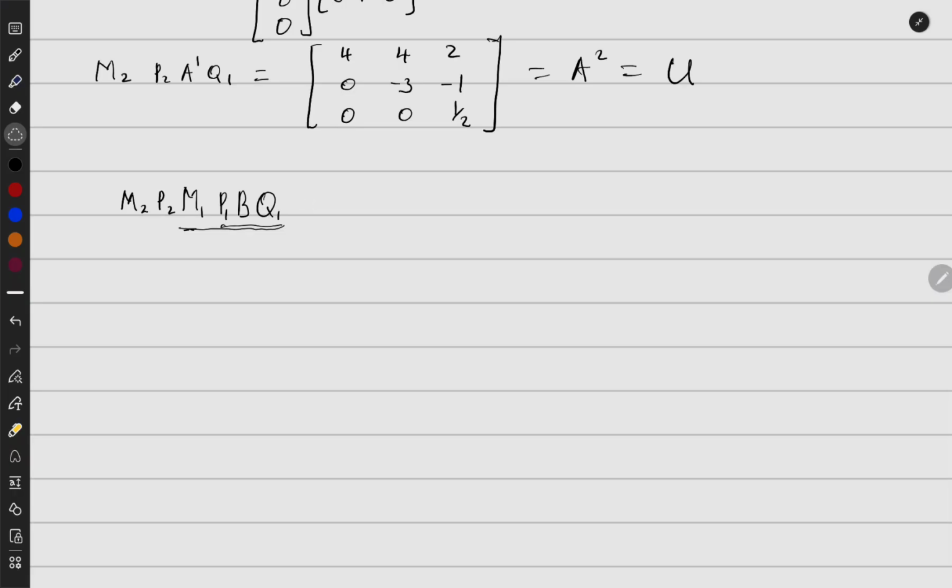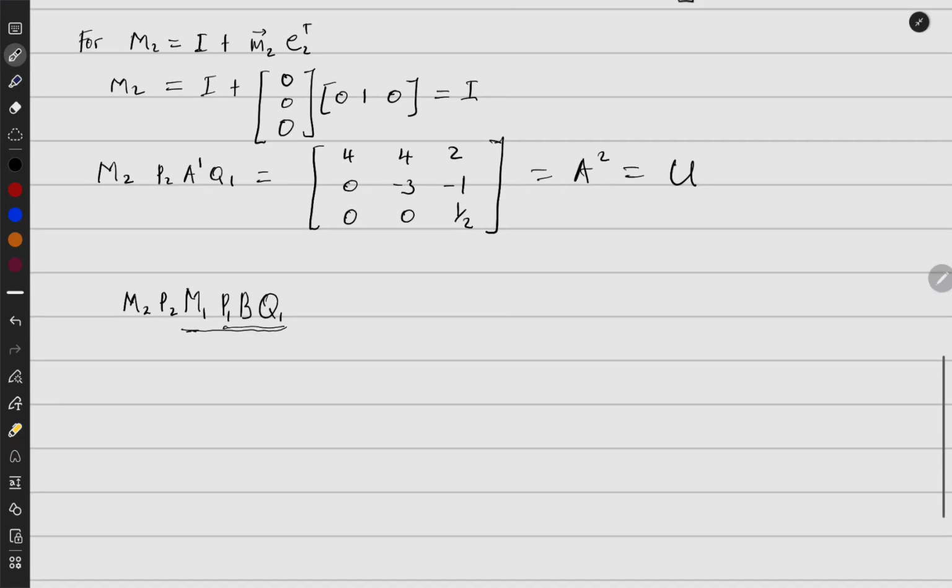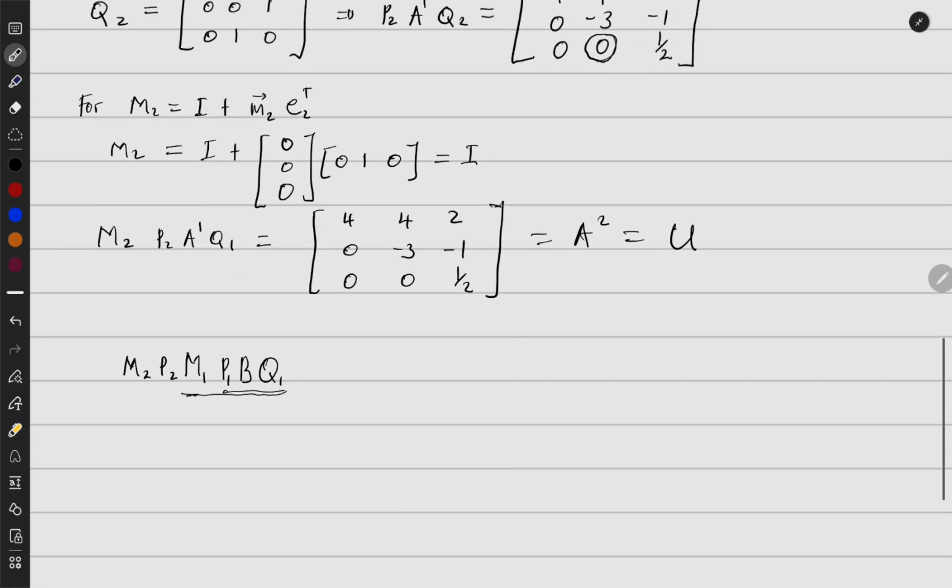Then Q. What was our Q2? This is Q2 here. Remember, this is A1 here. But this is equal to, we said that this went to U.